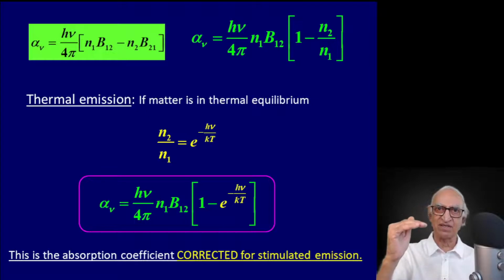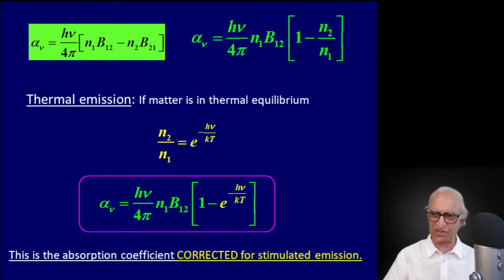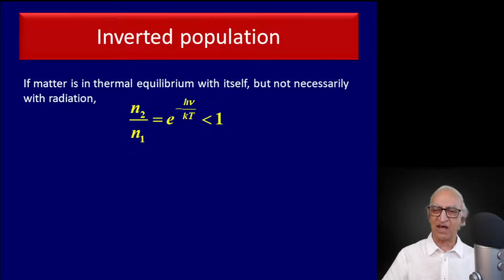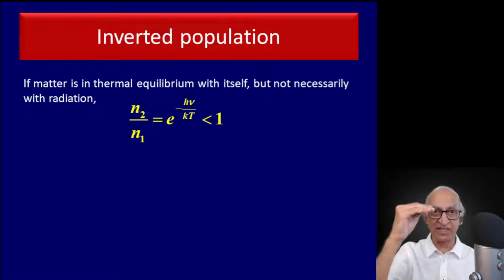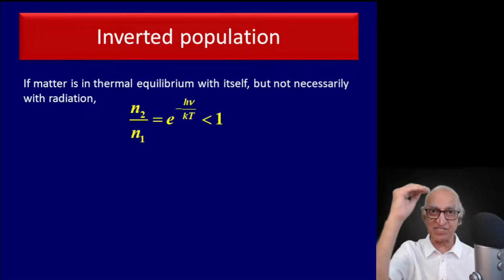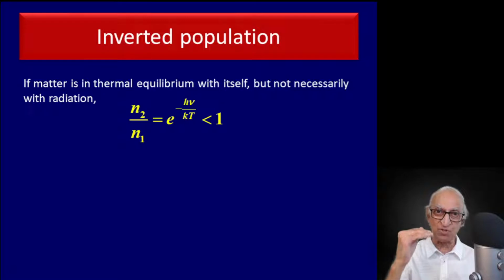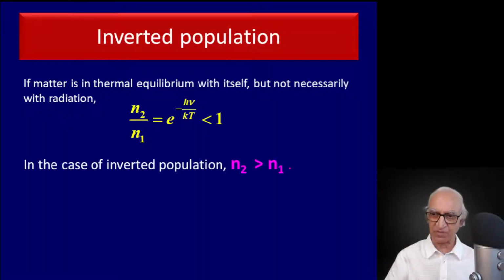So plus minus gives me the net absorption coefficient. Now, as I said, under normal circumstances, when matter is in thermal equilibrium, N2 over N1 is always less than 1. In other words, as you go to higher and higher levels, the number is always decreasing. It's decreasing exponentially by the Boltzmann factor e to the power minus h nu over kT.